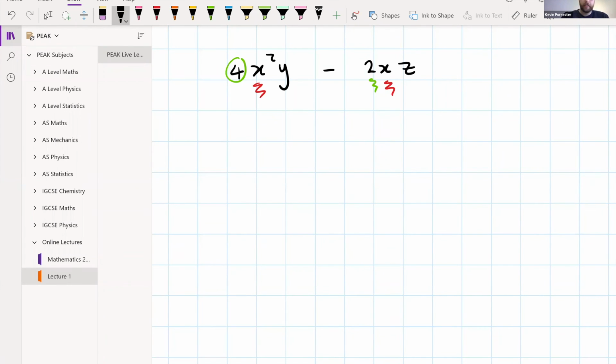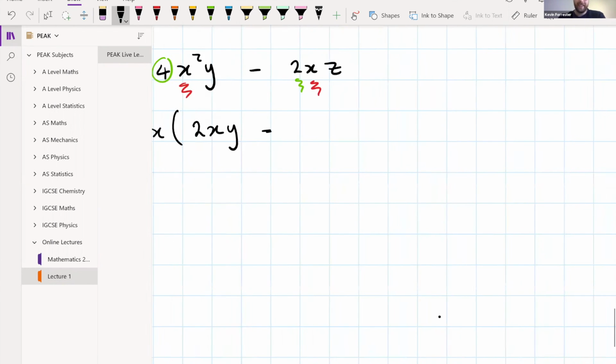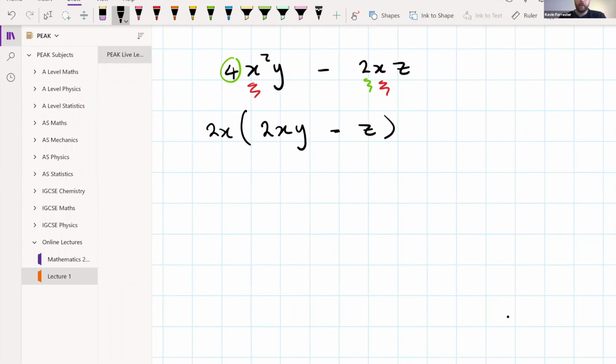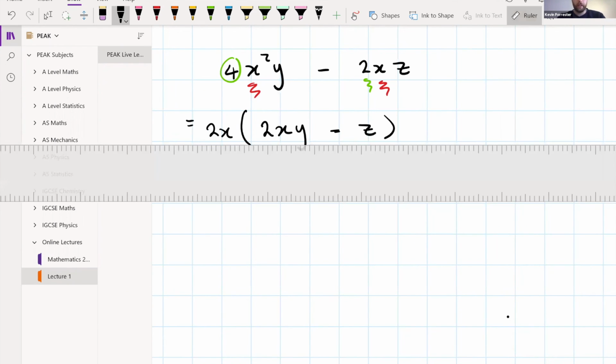Let's take out 2x of both terms. If I'm taking away 2 from the 4 in terms of division, that leaves me with a 2. And if I'm taking away an x from the x squared term, that leaves me with an x, and the y remains. And then from the second term, the 2x disappears and we're left with a z. And that is fully factorized.